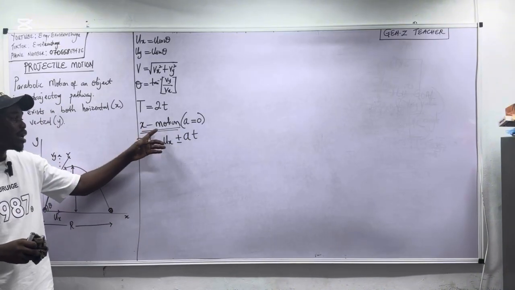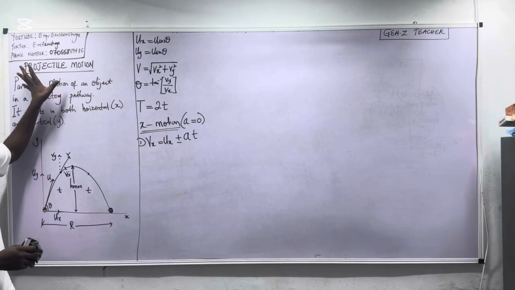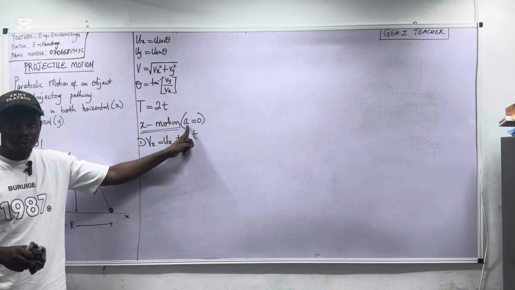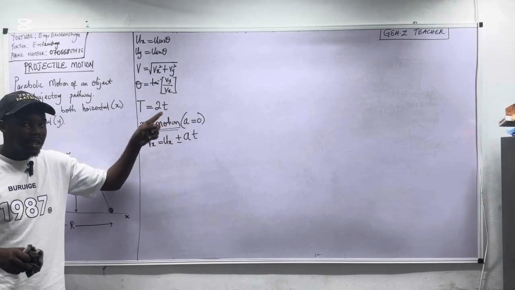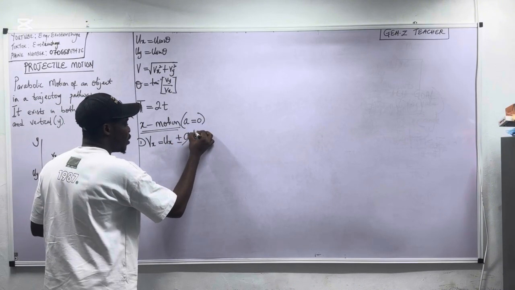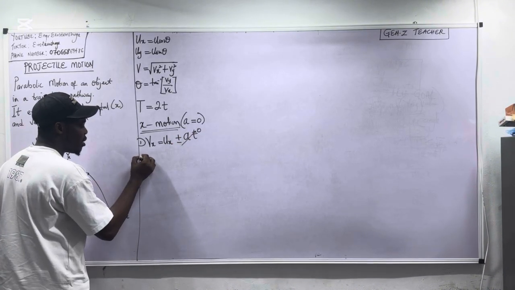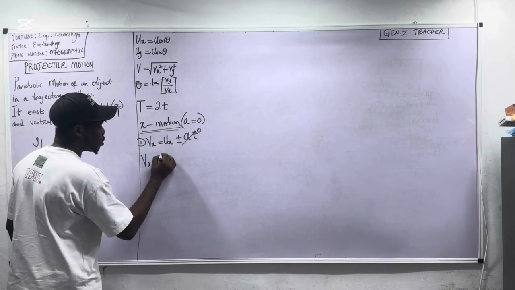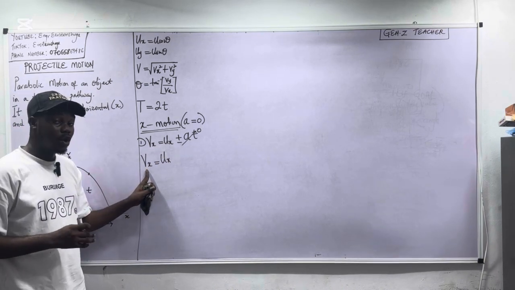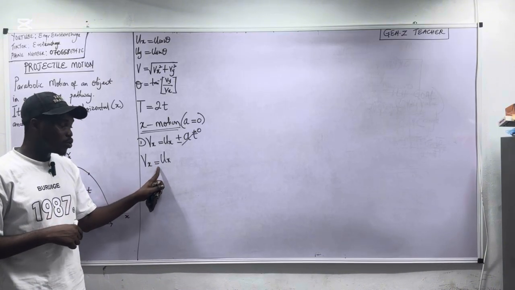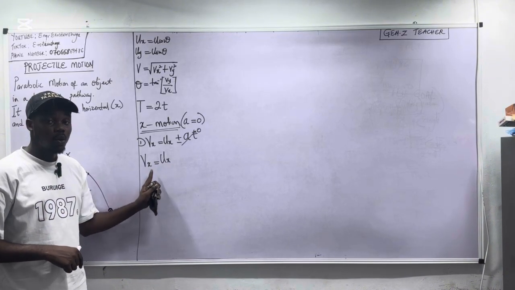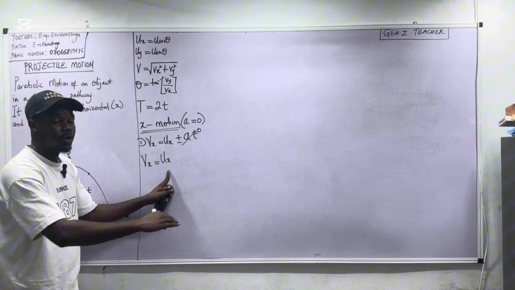For the horizontal or x motion under a projectile motion, there is no horizontal acceleration, meaning there is no change in velocity. Let's see that. So if a becomes 0, everything here becomes 0. So we then have vx equal to ux. This explains that the final velocity in the horizontal must be equal to the initial velocity in the same horizontal. So there's no change in velocity along the horizontal plane.